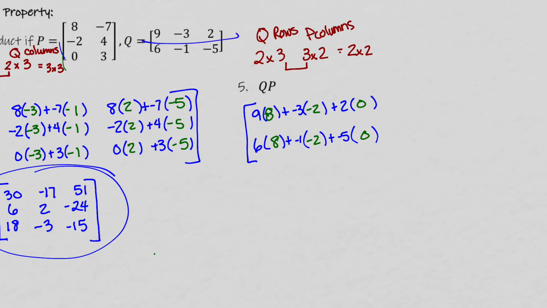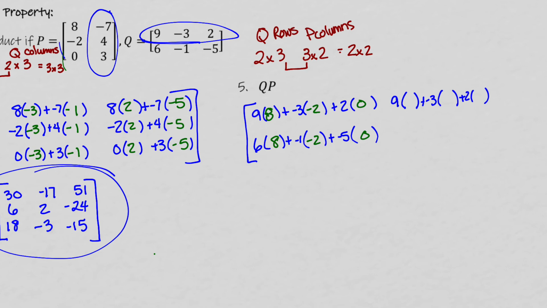Move over to the next column. Okay, I'm going to be in the first row, second column. So 9, negative 3, and 2. I like to write out the whole row first and then fill in the column, rather than trying to jump back and forth between the matrices. I find that's where a lot of errors start occurring because you forget what you're pulling from.